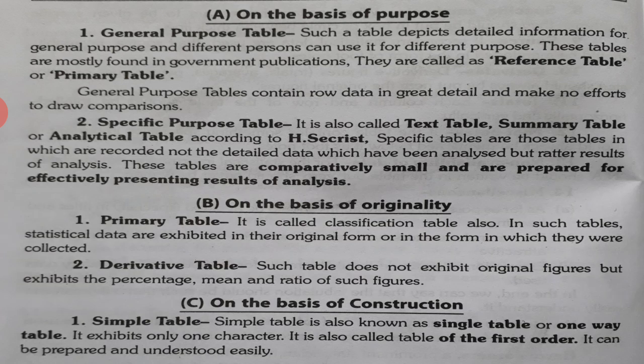Then point B, on the basis of originality. Two types: primary table and derivative table. The primary table means classification, so data are exhibited in their original form, like the type of collection.